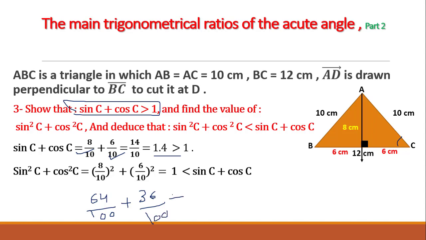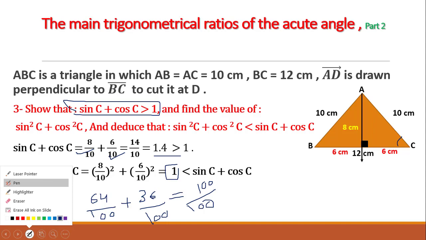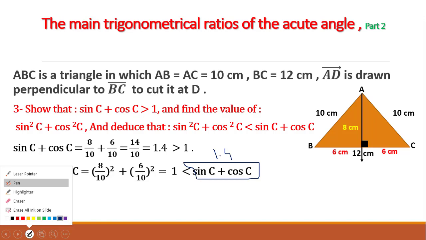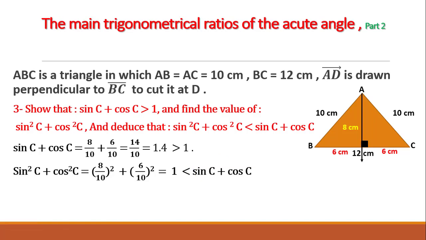If you add the two fractions together, we will get 100 over 100. So sine power 2C plus cosine power 2C equals 1. So this is less than sine C plus cosine C, because it was 1.4 and here we have only 1. Okay, so this is number 3.